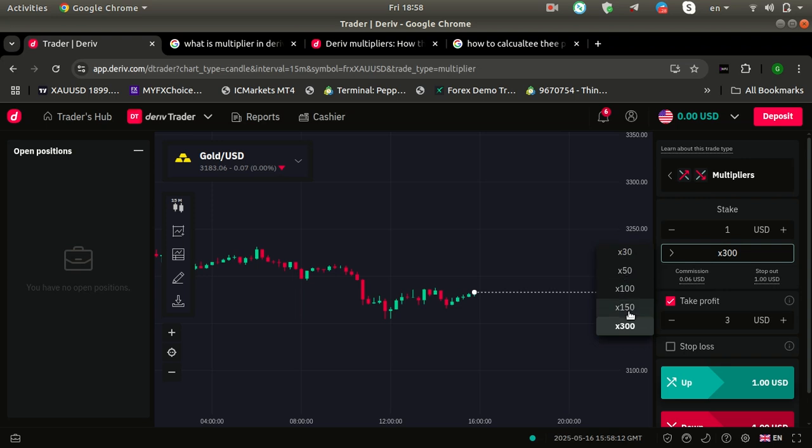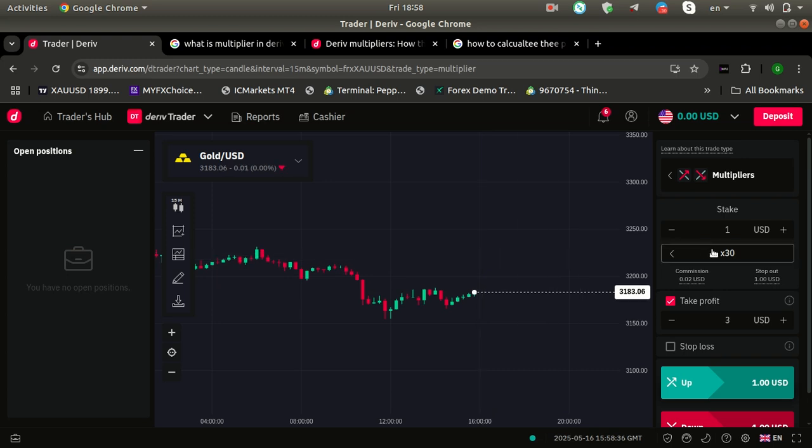Alright, so another question you might be asking yourself is, which multiplier should you pick? So I suggest that if you are a beginner, select the least multiplier being offered. Okay, select the least multiplier being offered, and be content with your little profit that you make, okay, in the beginning.